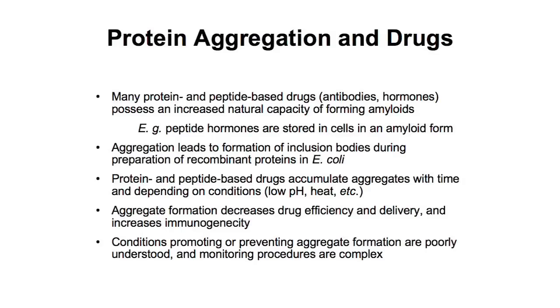So even if they are isolated and prepared properly, they would frequently accumulate and aggregate with time, and conditions like low pH or high temperature may also stimulate aggregation. Aggregate formation decreases drug efficiency, makes delivery more difficult, and also increases immunogenicity of the protein, because there are new epitopes formed.